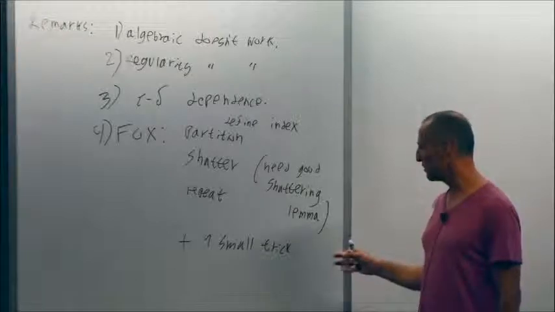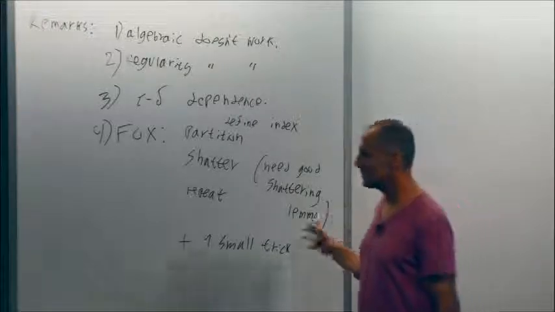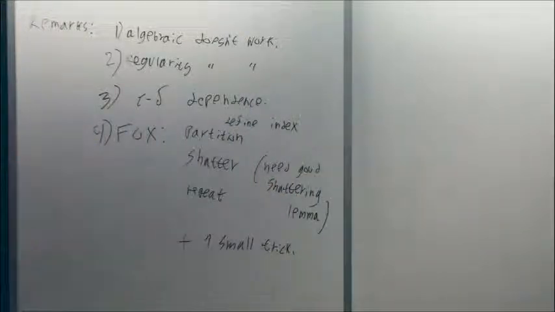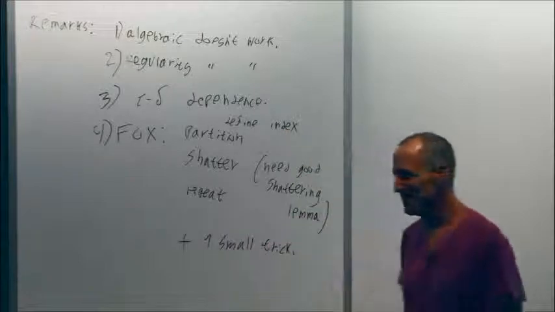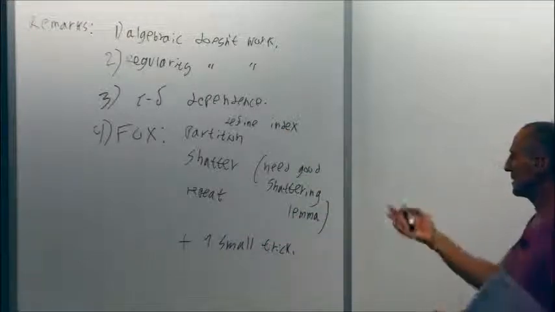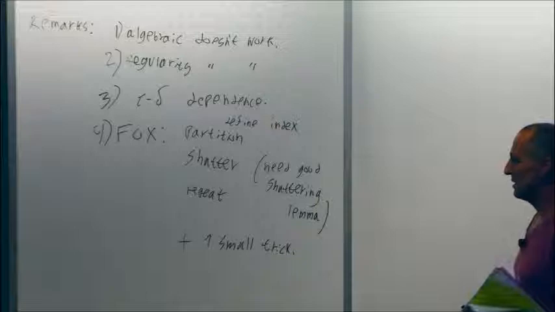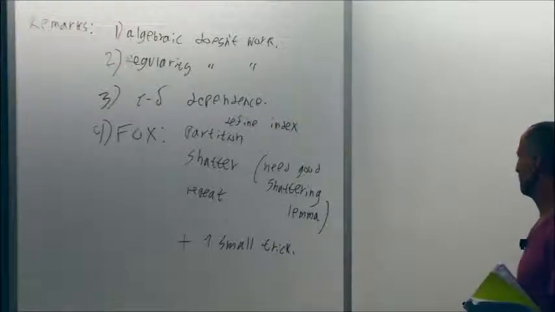Maybe that small trick was what was missing for 40 years. I'll show you the trick. It's really strange. It's really elementary, but somehow, without using that trick, we can't go from poly height to log height.